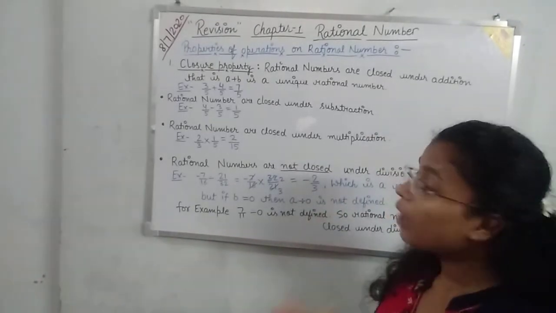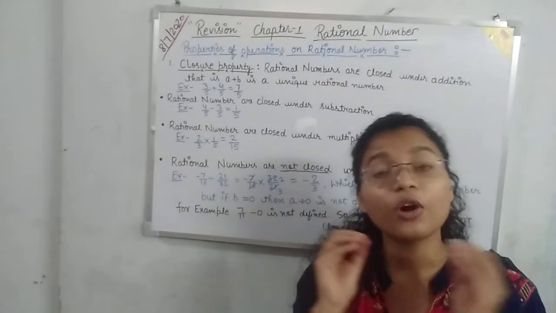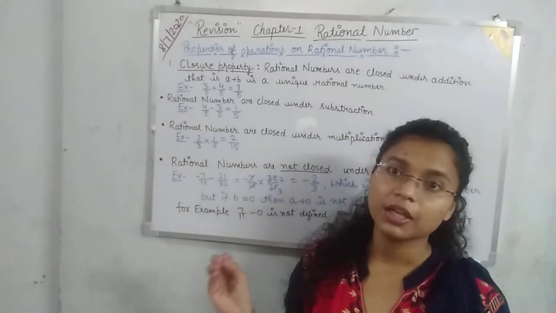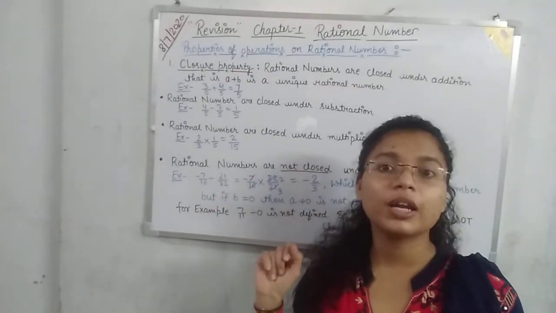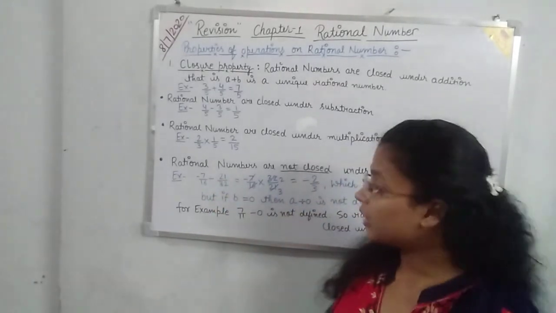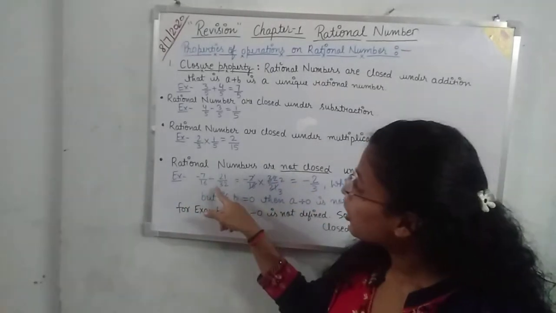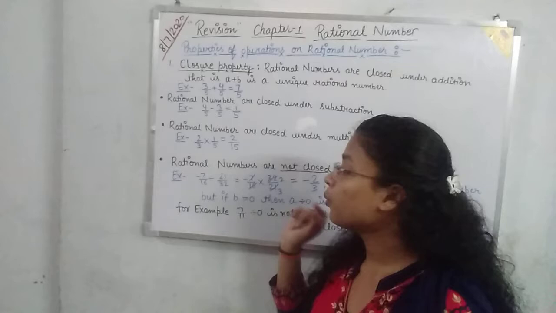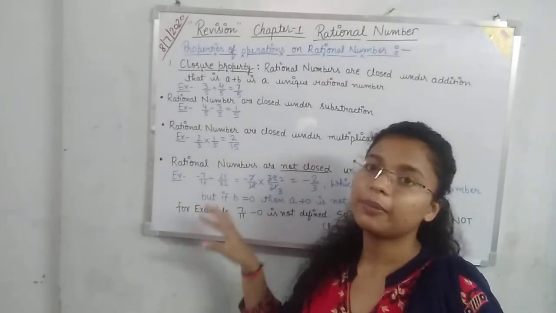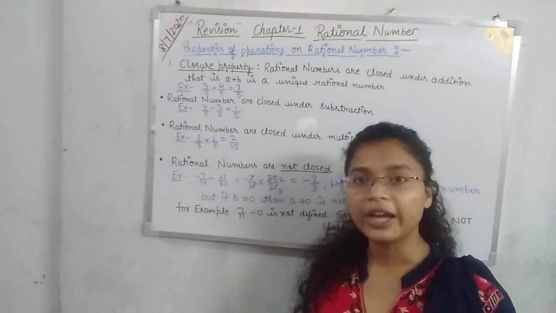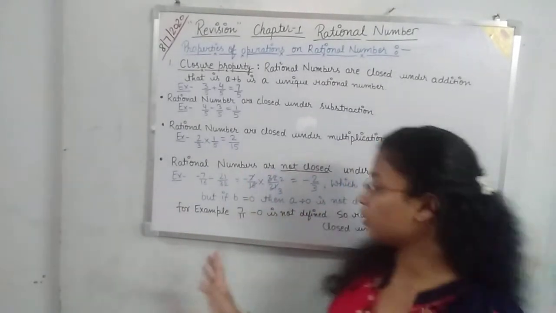The condition should be satisfied for each and every number. What if, in the place of the second rational number, you put a 0? Then this division will not be defined. If in the place of 21 upon 32 you put a 0, meaning minus 7 by 16 divided by 0, then it will not be defined. Therefore we can say rational numbers are not closed under division.